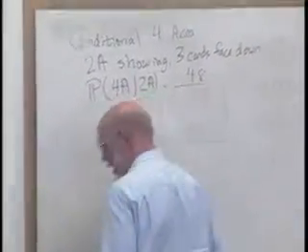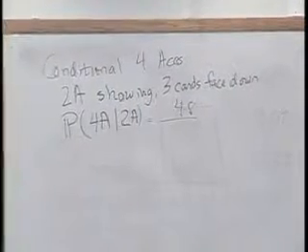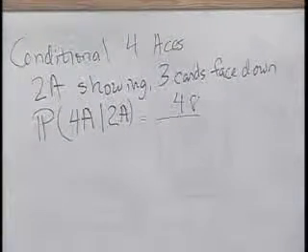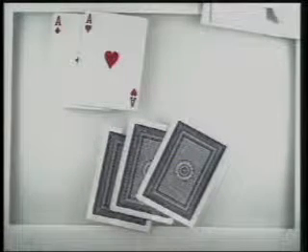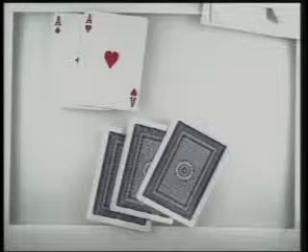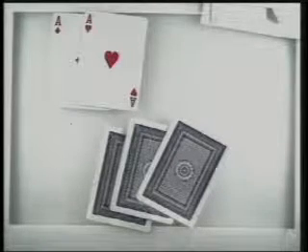2 of the cards are aces. How many choices are there for the last one? 48, thank you, yes. So there are 48 choices for the 5th card. And how many ways are there of selecting these 3 cards out of the ones that remain after the 2 aces came off the top of the deck? 50 choose 3.